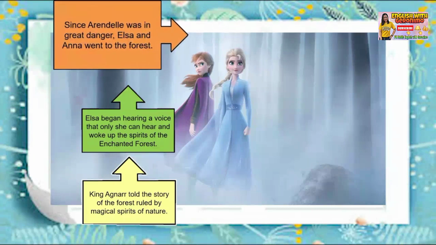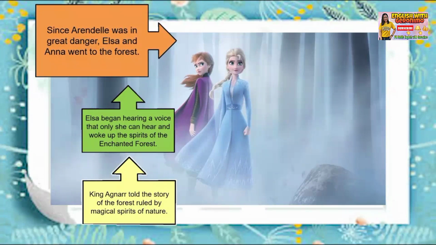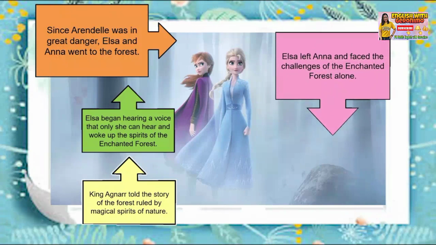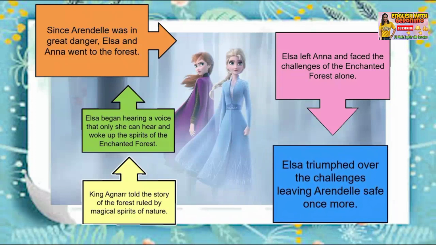Third, since Arendelle was in danger, Elsa and Anna went to the forest. Fourth, Elsa left Anna and faced the challenges of the enchanted forest alone. Lastly, Elsa triumphed over the challenges, leaving Arendelle safe once more.